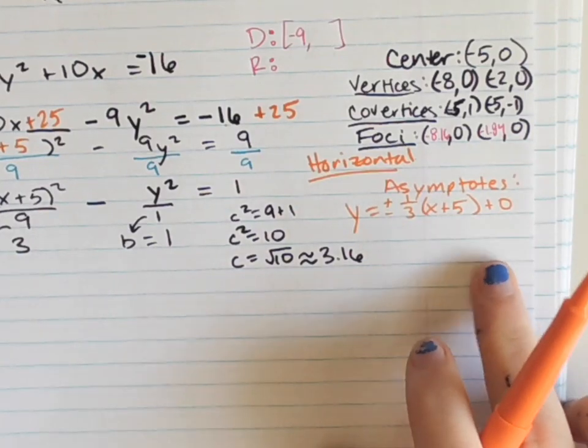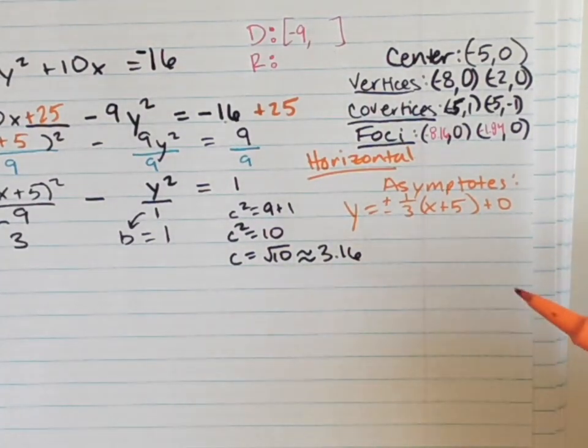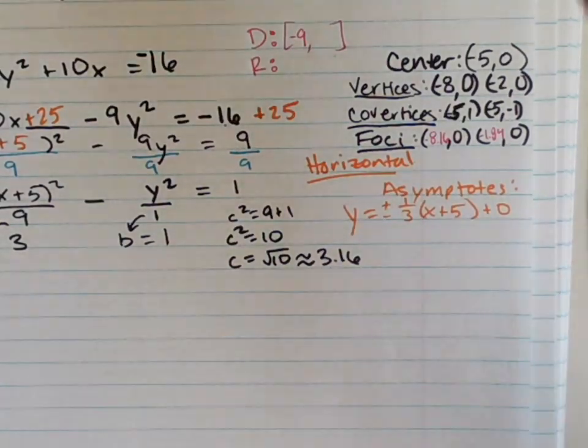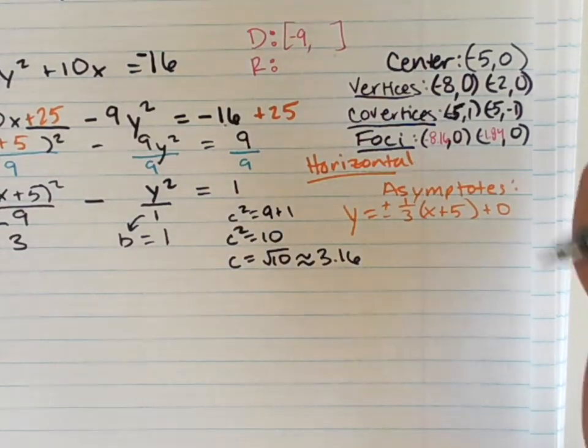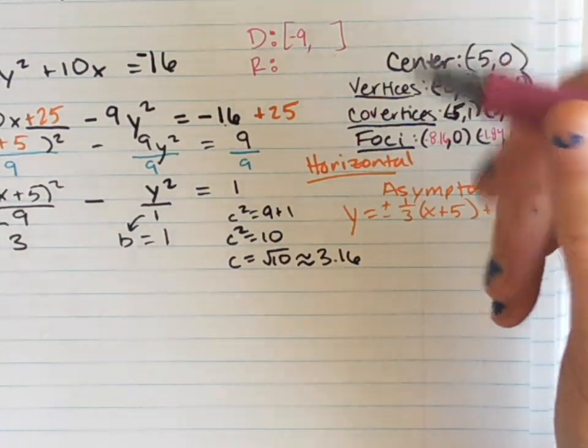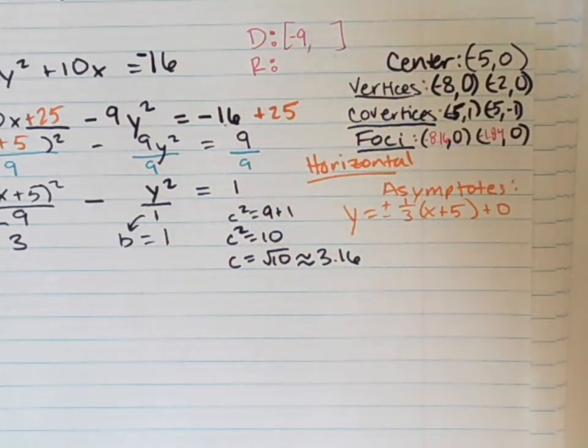Okay, so back to me. So let's graph that. Oh, I didn't do the domain and range. Okay, now I'm back. So let's do the domain. The lowest point was -9.